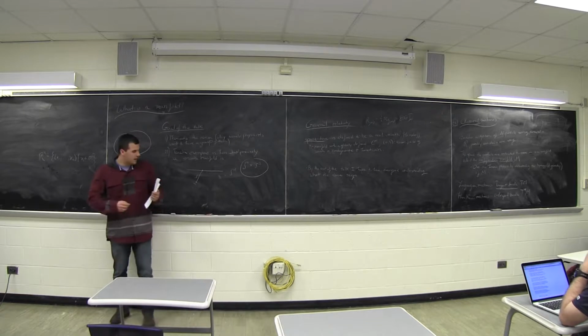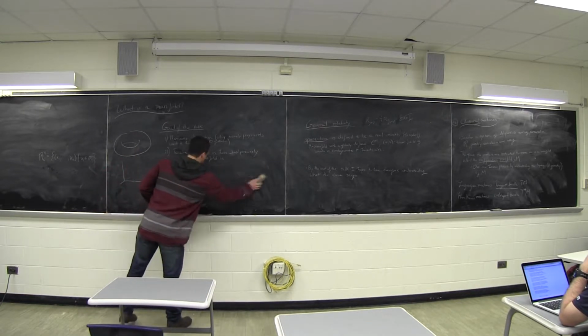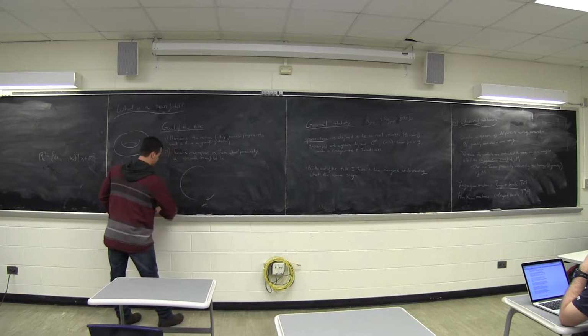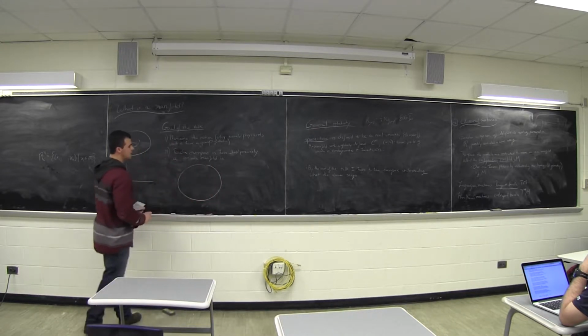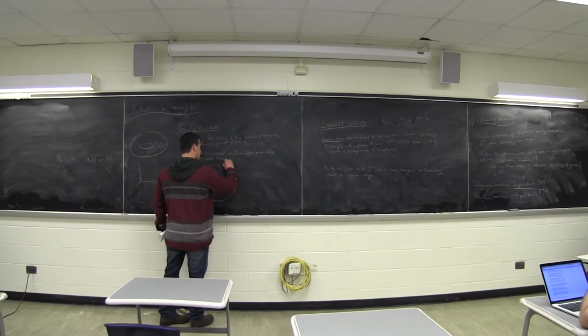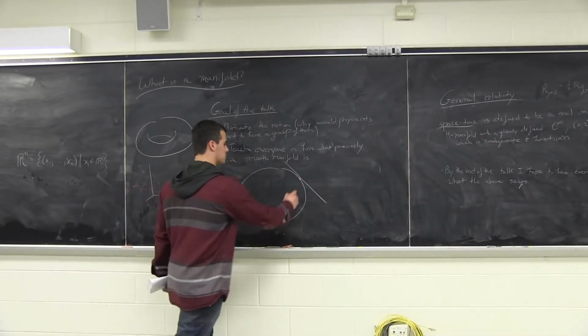Let me take the circle. At each point on the circle, there's going to be a tangent line, a unique line that's tangent to that point on the circle.